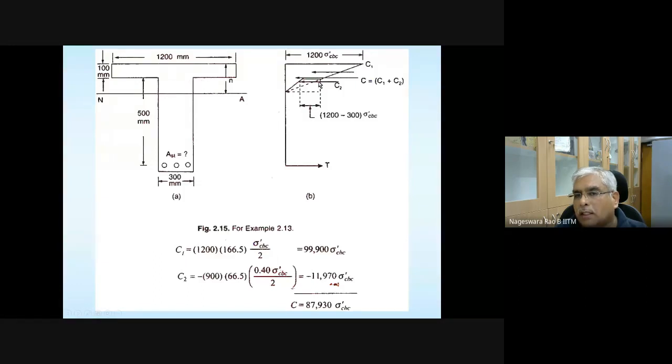If you ignore the compressive force contribution from the web region, then the total compressive force is going to look like a trapezoid. For a while, let's ignore the compressive force contributed by the web region, and assume only the flange is taking all the compression.